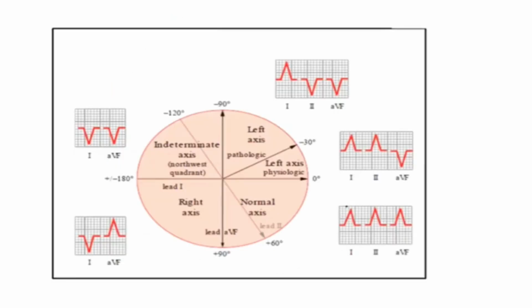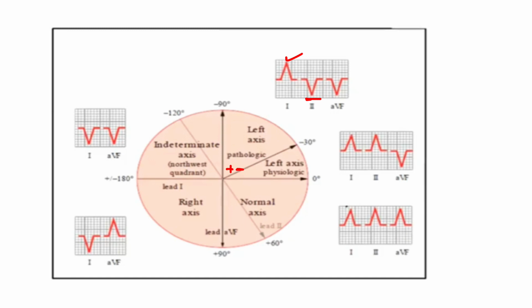So here we see that lead 1 is positive, AVF is negative. Then we have two options, whether it is physiological or pathological, but here lead 2 is negative. So when lead 1 is positive and AVF is negative, that is left axis deviation.